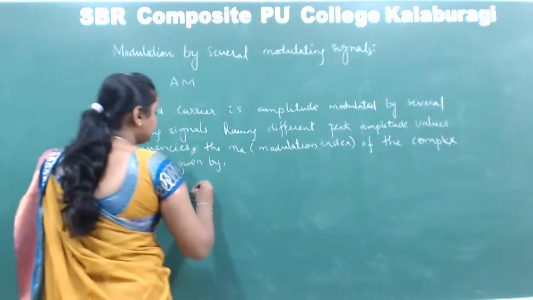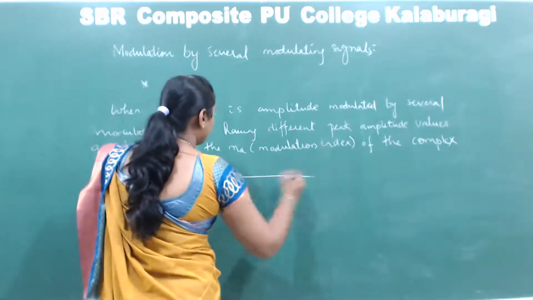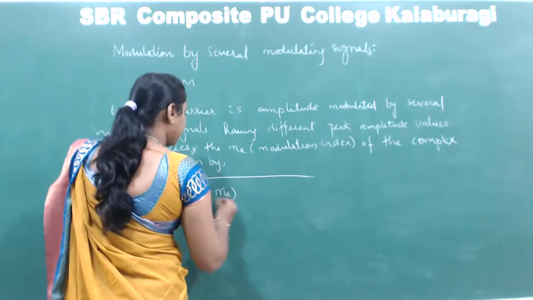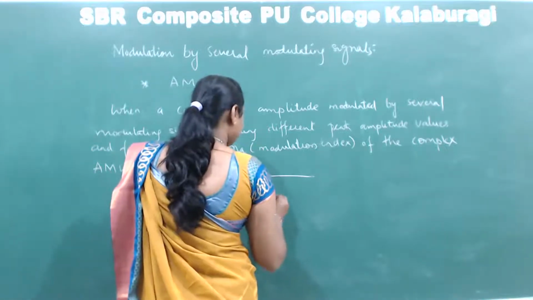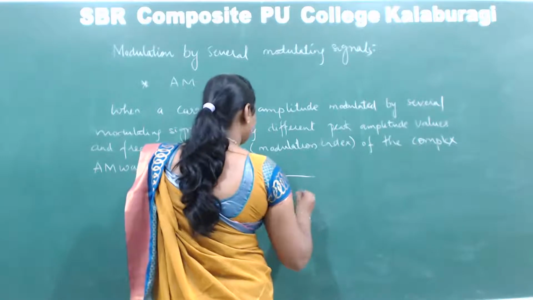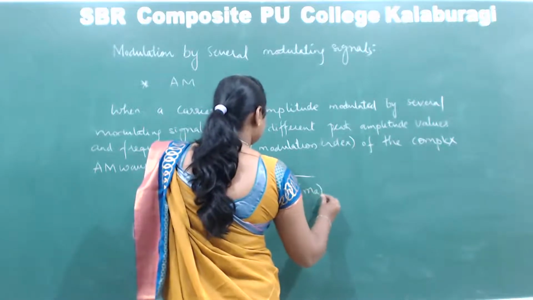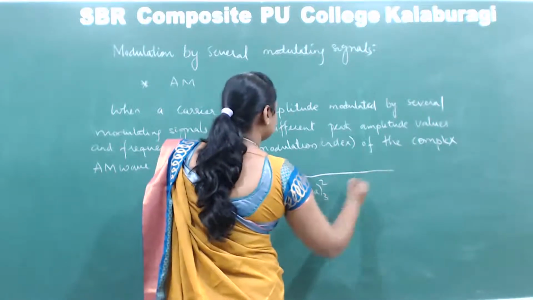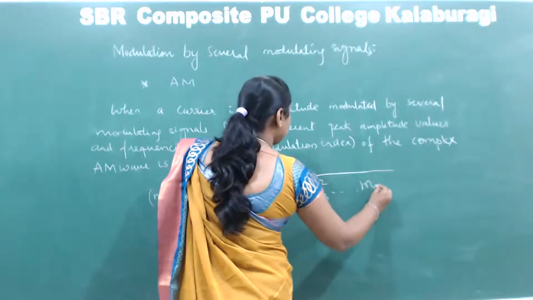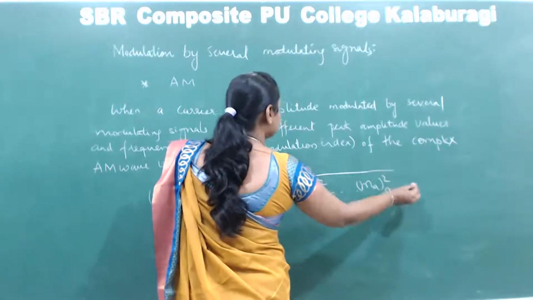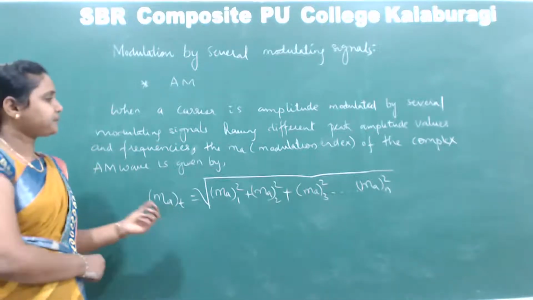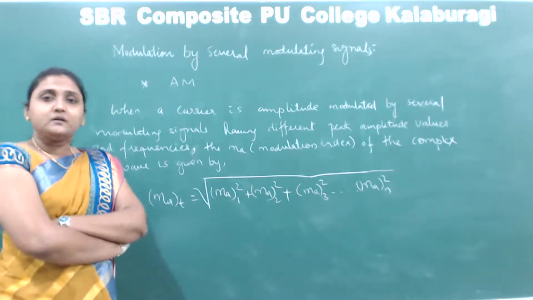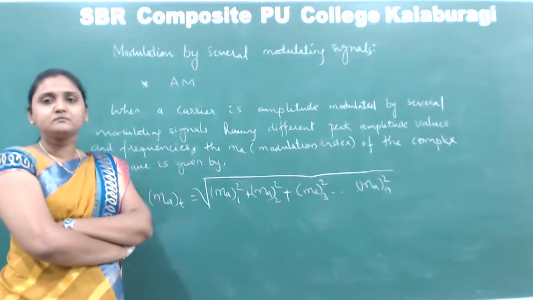MA is equal to the root of MA1 square plus MA2 square plus MA3 square and so on, up to MAn square. So the total MA, and it will be a complex AM wave.